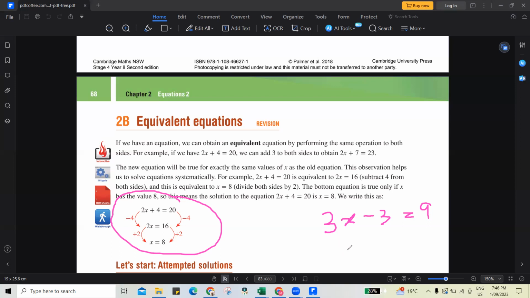It'll be plus 3 and then 3x equals 13. Yeah, that's right. Actually, it's not dividing. That's okay. Plus 3. My example is not really a good one. And then minus 3 and plus 3 are going to cancel, right?